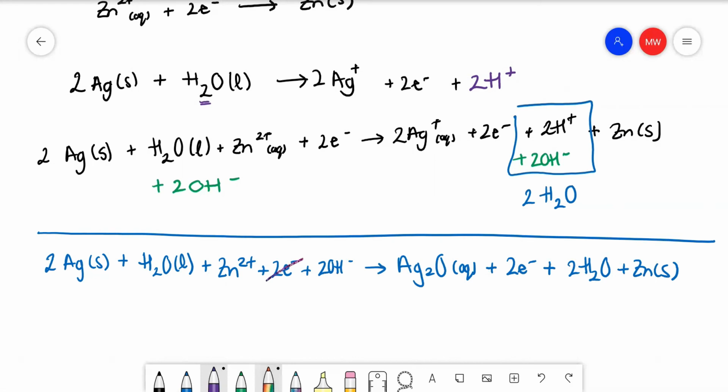Now I can cancel out my electrons as well as my waters. So I'm left with a water on the right-hand side.